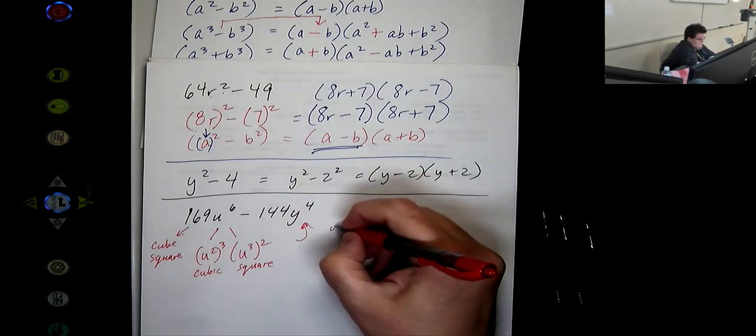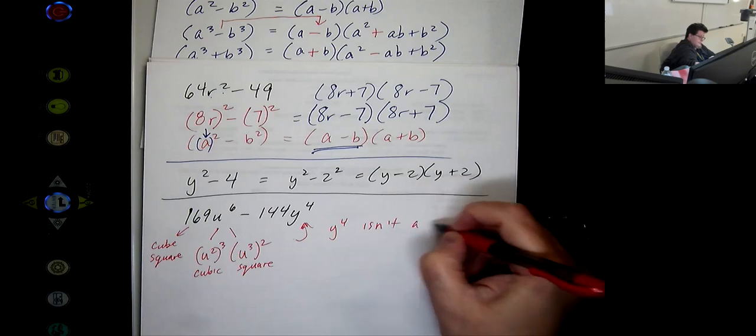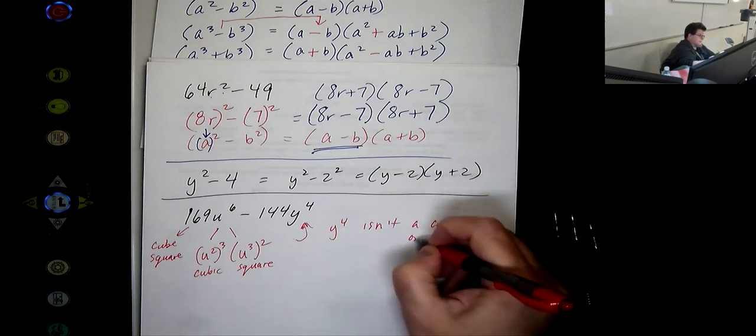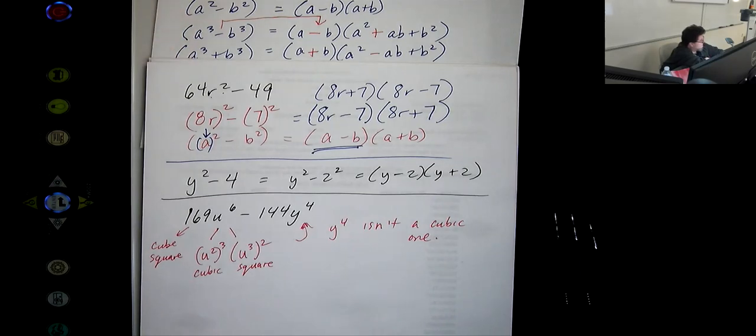Y to the 4th isn't a cubic one, so it can't be the cubed one.